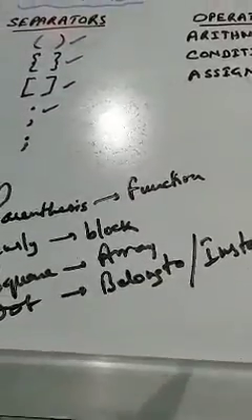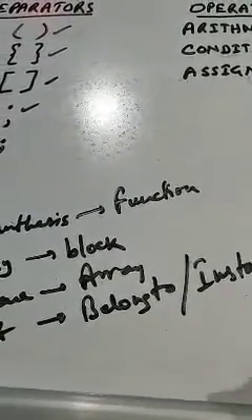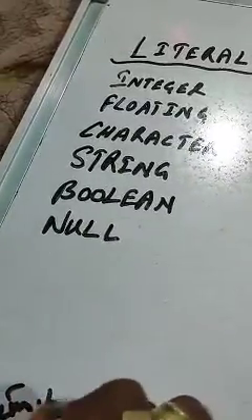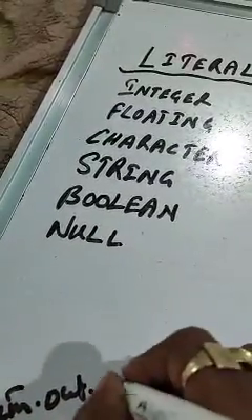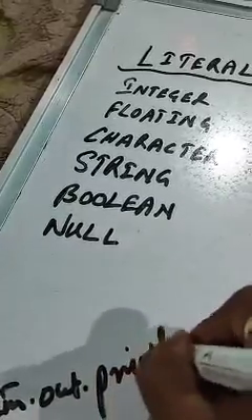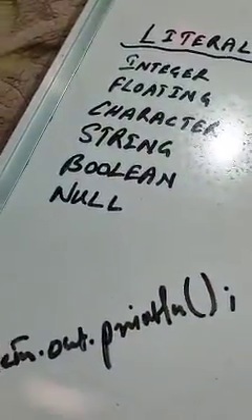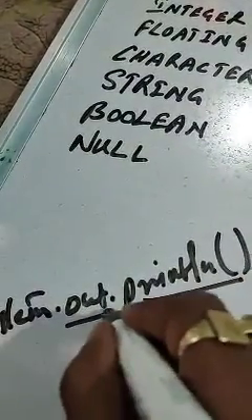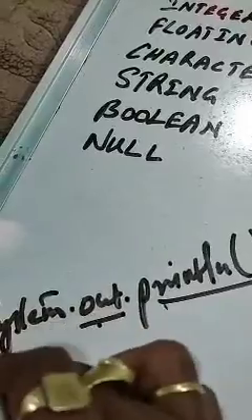You will notice in many cases when we write System.out.println, you can see it in your book also. When we write this, the dot operator is used. That means this is a function, it belongs to an object, and this object belongs to a class.